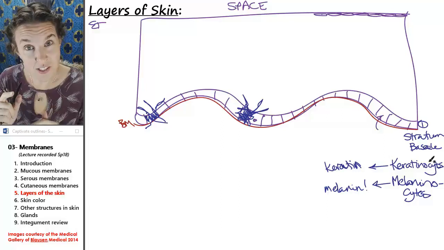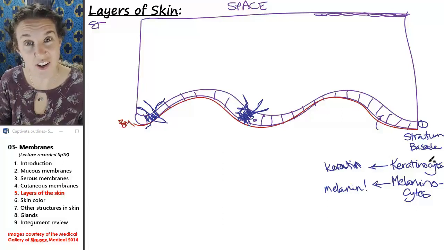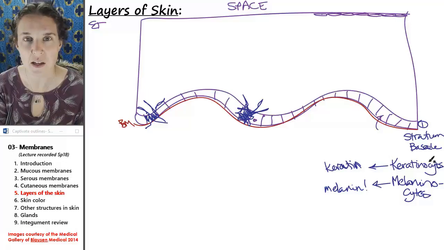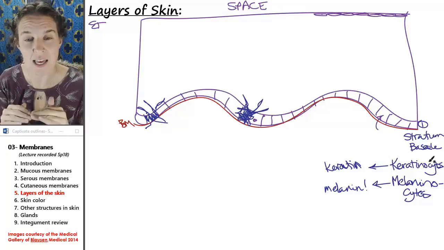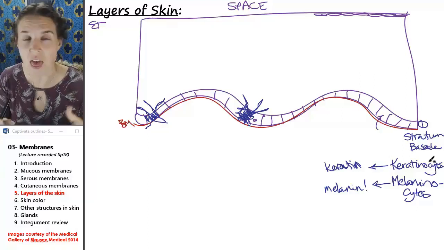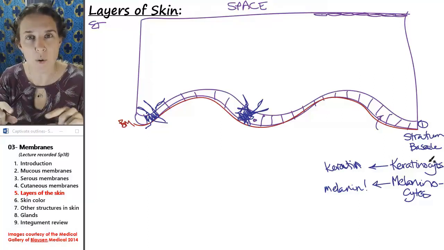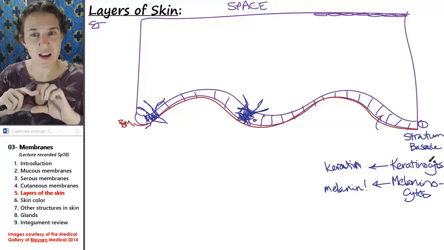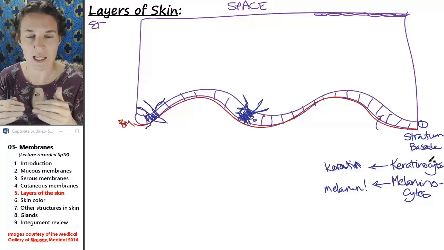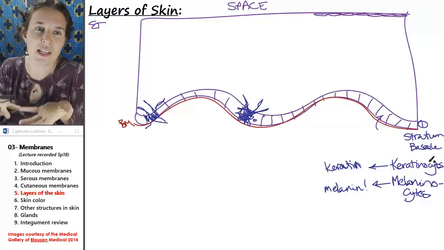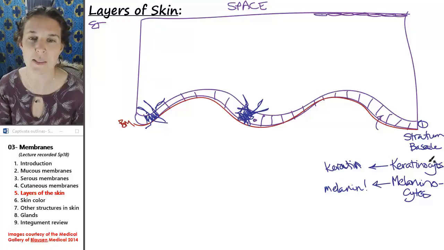All of our layers of epidermis are generated in stratum basale. And all that means is that the cells in stratum basale are alive, they're well, and they're going through mitosis, which means they're just dividing. They're going to go through mitosis and produce another layer of cells that gets pushed up closer to the space.